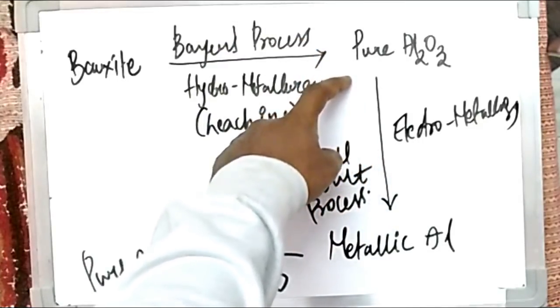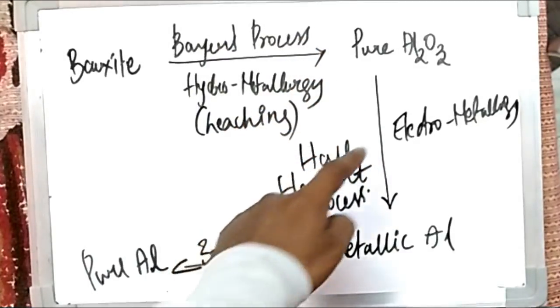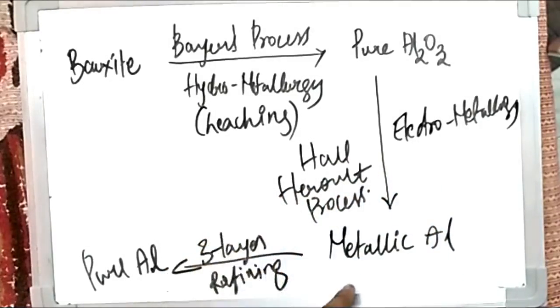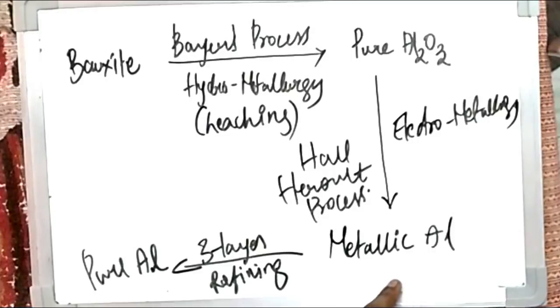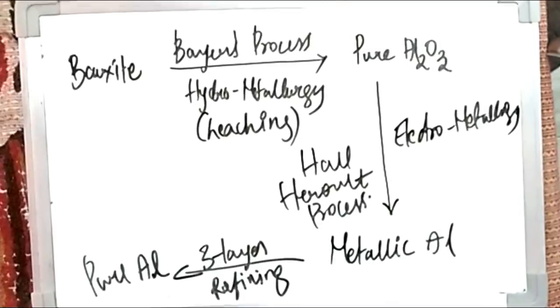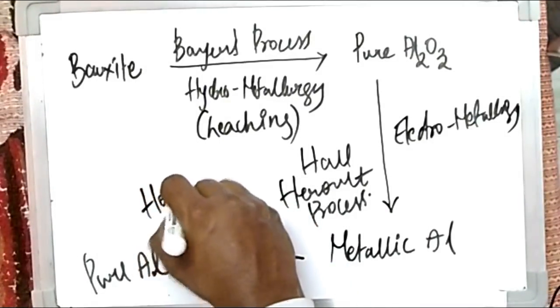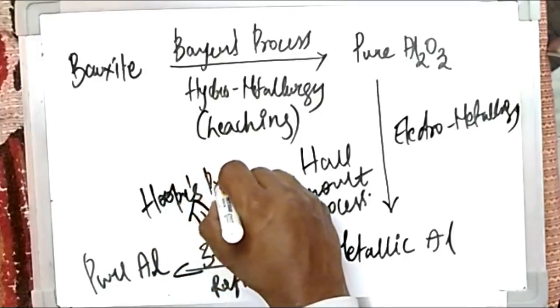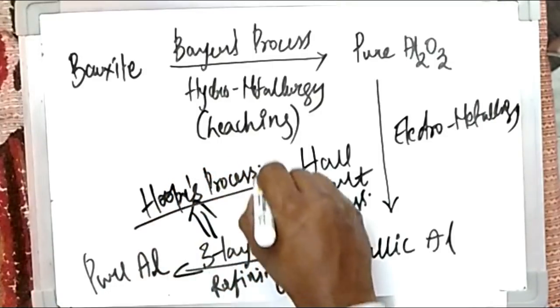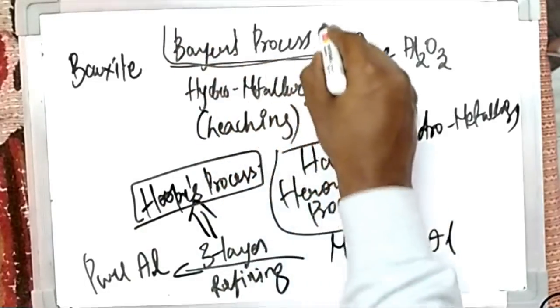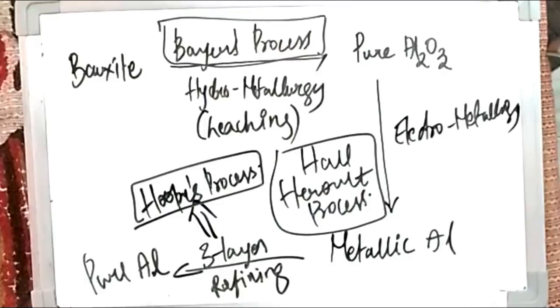This pure Al2O3 then undergoes an electrometallurgical process known as the Hall-Héroult process to obtain metallic aluminium, and this metallic aluminium is usually refined using a three-layer refining process known as the Hoop's process. So we have three different processes. We'll discuss all three now. After the Hoop's process, we'll get pure aluminium.